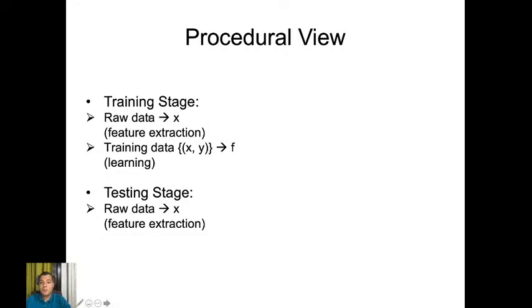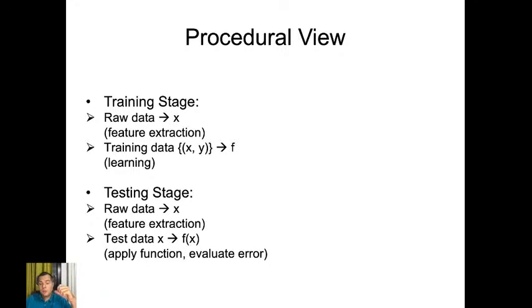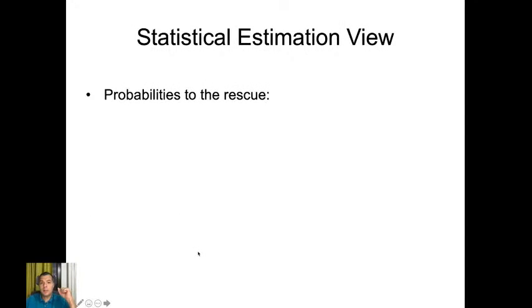For example, if you represent images through color histograms, then here you also have to obtain the histograms in exactly the same way. So in the end, you will have similar vectors from the same space, and then you just apply the learned function f on top of your data in order to predict labels. Okay, so this was the procedural view.